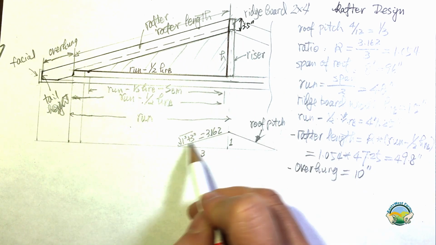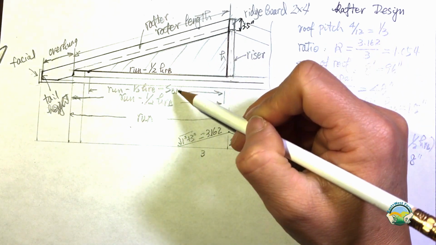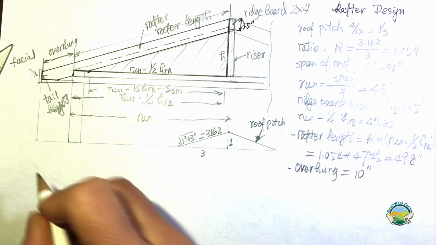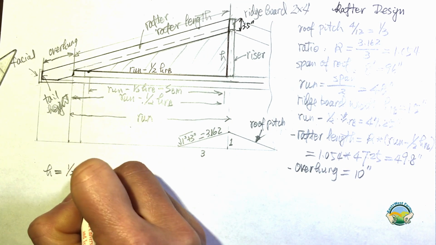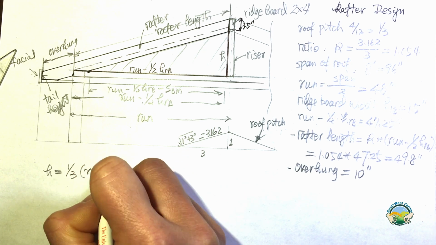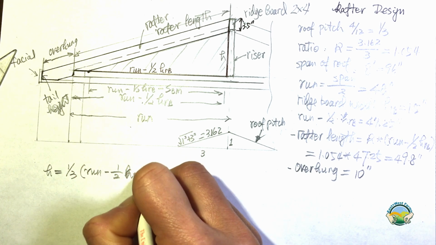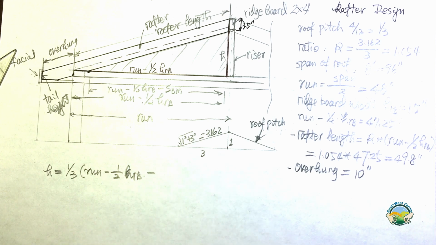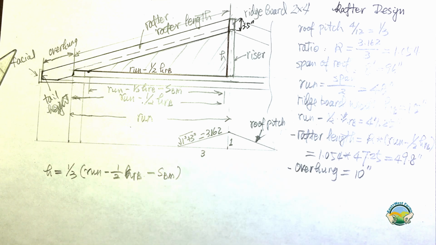Since that triangle is proportional to this triangle, we know that H is 1/3 of that. We can write down H is 1/3 of the run minus 1/2 of the ridge board thickness and the seat of the bird mouth.